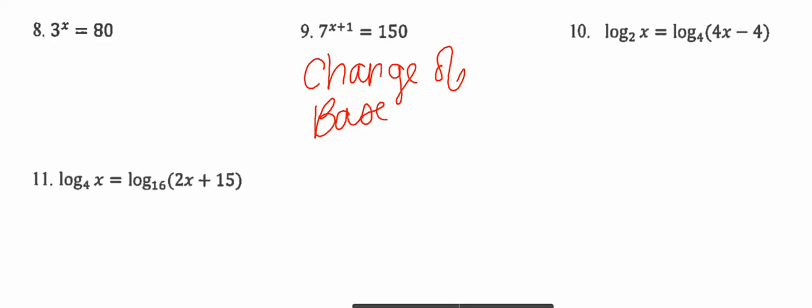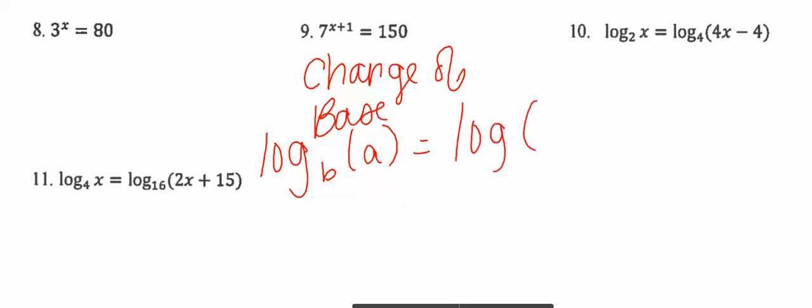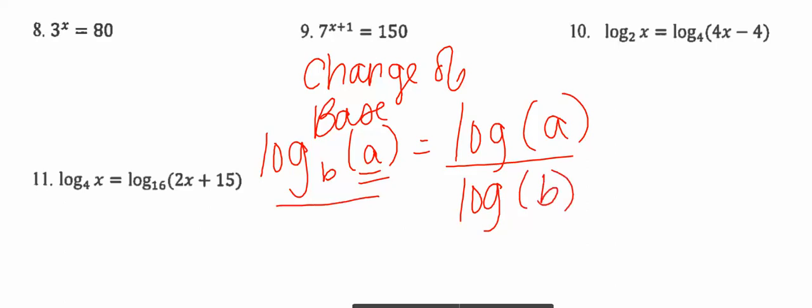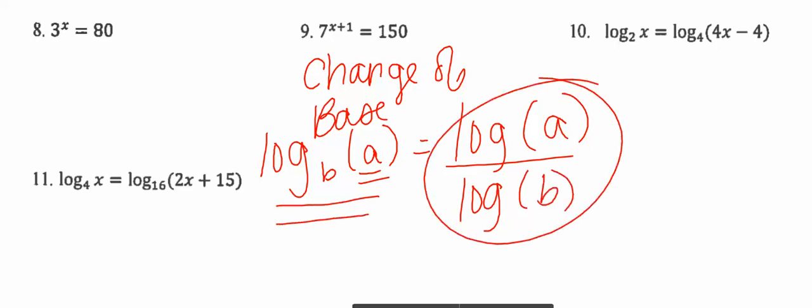If I have log base b of a, I can change that to log of my big number divided by log of my base. And this is equivalent to that. That's what the change of base theorem is.